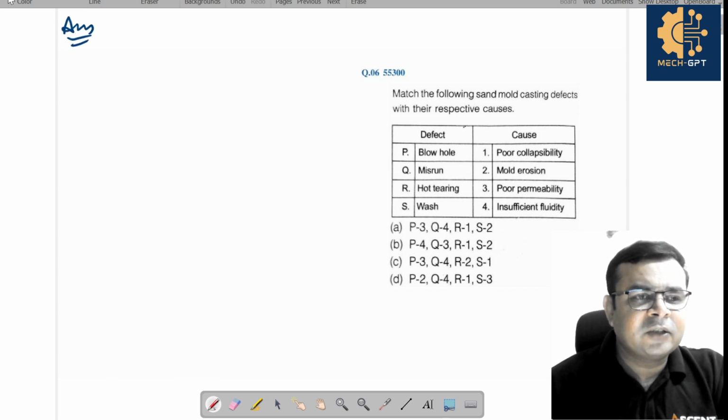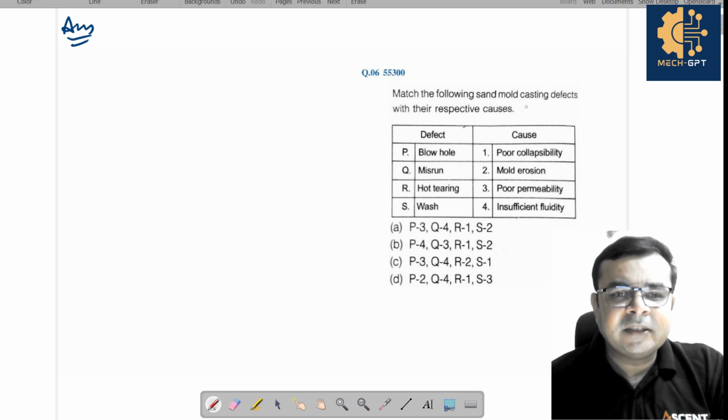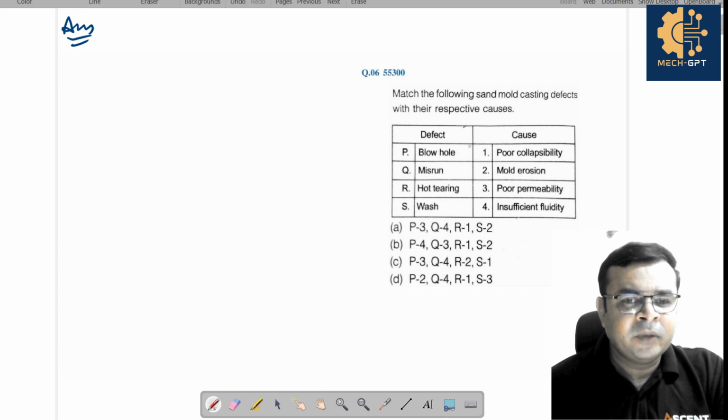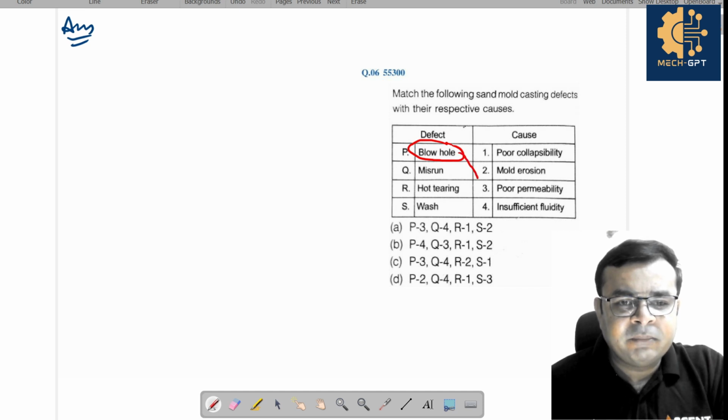Okay, let's see this question. Match the following sand mold casting defects with their respective causes. Blowhole, misrun, hot tear and wash. So if I talk about blowhole, then it mainly happens due to entrapment of gas, correct? Or simply you can say poor permeability.